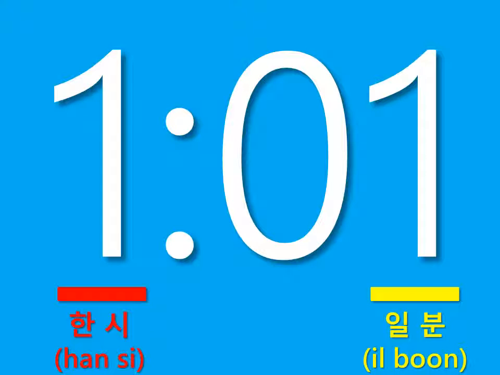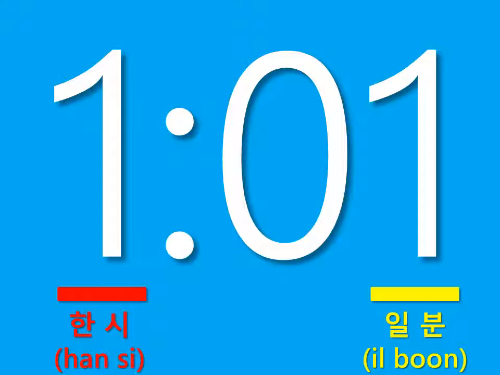So when you go to Korea nowadays and you wanna talk about time, you will have to use both number system. In this case, we say 한시. Han is 1. 시 means hour. 한시. 일분. 일 means 1 in Sino-Korean number, and 분 is minute.